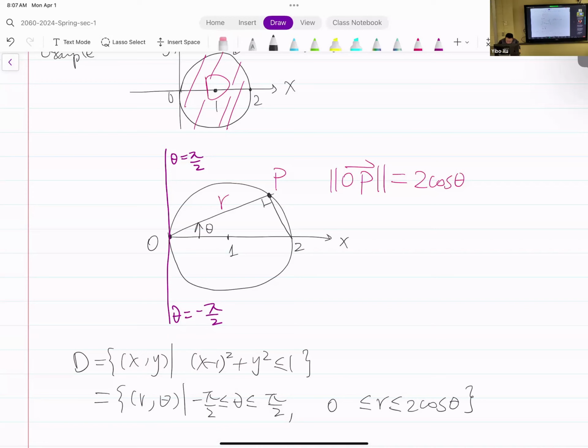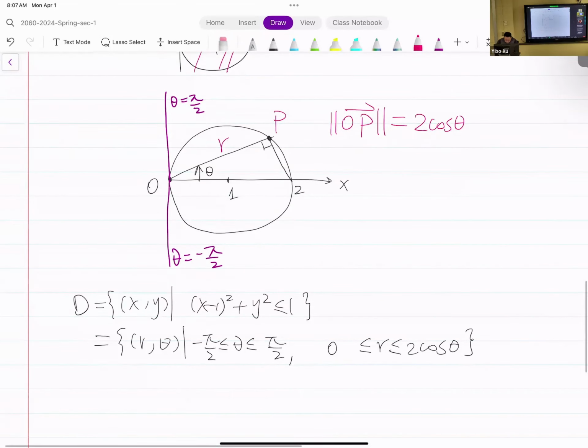Another way to think about it is that if you simplify this, it's actually going to give you x squared plus y squared less than or equal to 2x. Basically, you multiply the square out, it's going to be x squared minus 2x plus 1 on the left, and on the right-hand side you have less than or equal to 1. Then you cancel the ones and move 2x to the right-hand side.